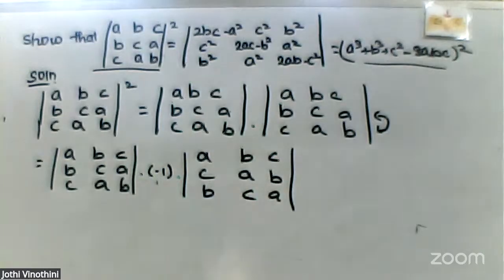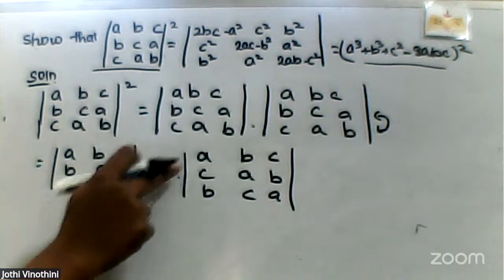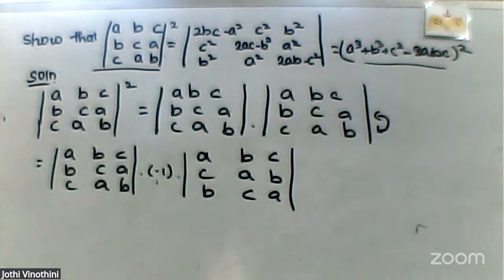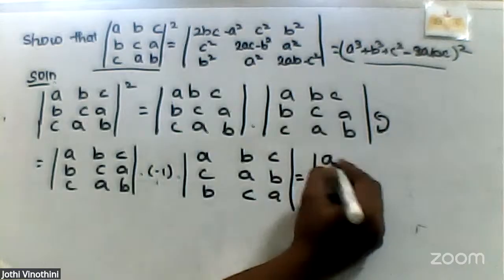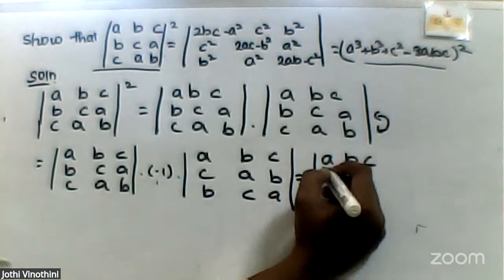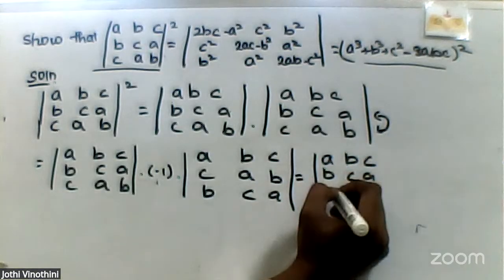Clear? Now what I am going to do is take this minus 1 inside this matrix, row 1. So be clear with the first matrix, it remains the same as it is.